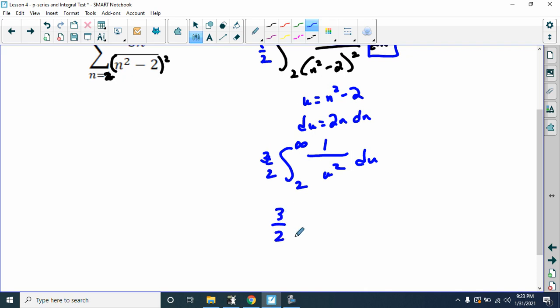Integrate. 3/2 the integral of u to the negative second. Add 1 to the exponent. Divide by -1. So I've got -3 over 2u.